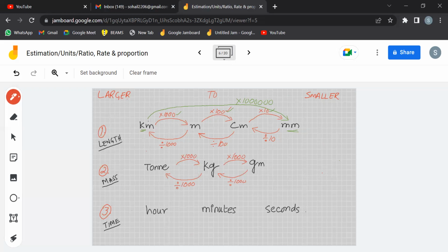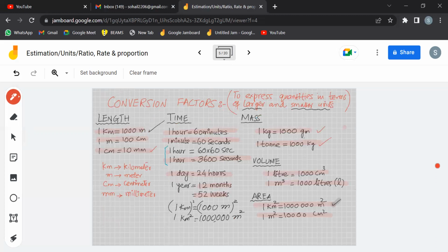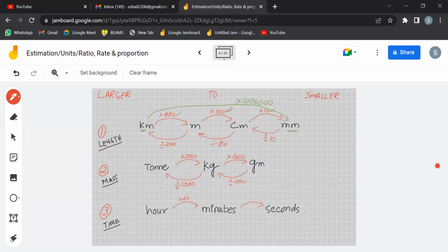So for hours to minutes, you multiply by 60. From minute to seconds, here are the factors for the time, you multiply by 60 again. So in order to jump directly from hours to seconds, you multiply by 60 into 60.